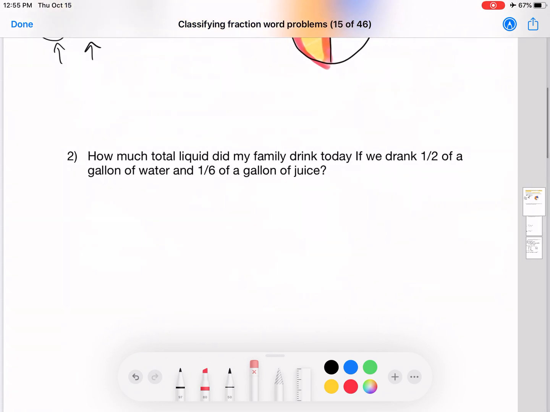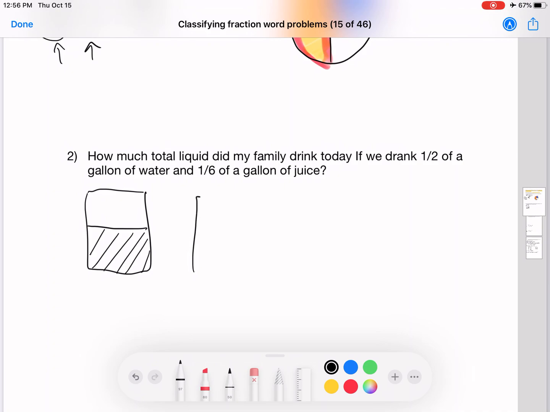All right, next question. It says, how much total liquid did my family drink today if we drank a 1/2 gallon of water and 1/6 gallon of juice? So we got a 1/2 gallon of water, and then we also drank a 1/6 gallon of juice. So how much total liquid would we drink today?